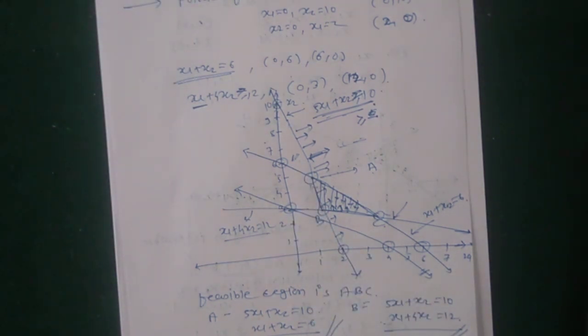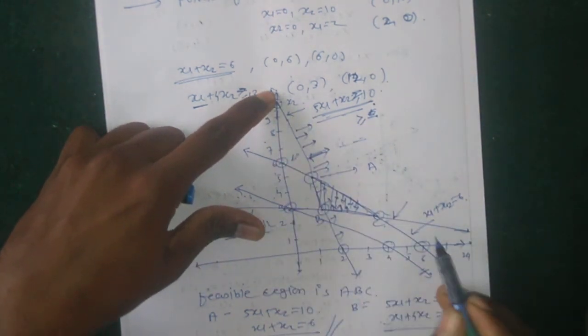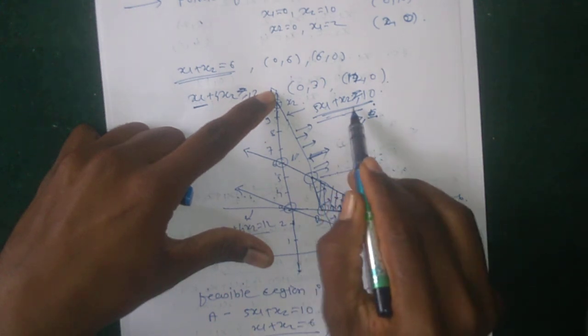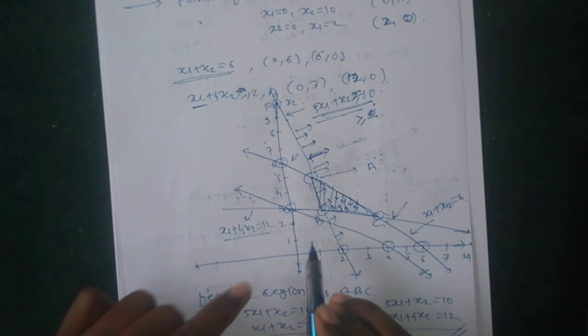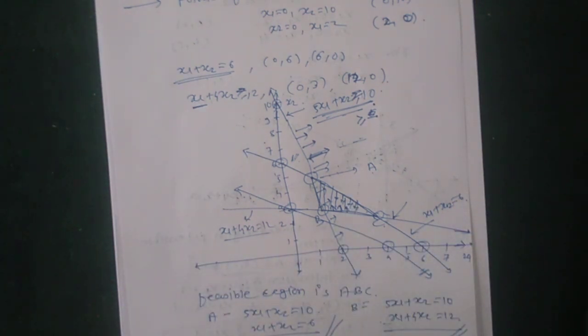Okay, and therefore, suppose we choose any point, here suppose 11 and 3. Then its value must be greater equal 10. In this way choose any points on the below side and upper side, and then we check whether the constraints are satisfied or not. Okay, and then we say that the region is the below side or upper side.